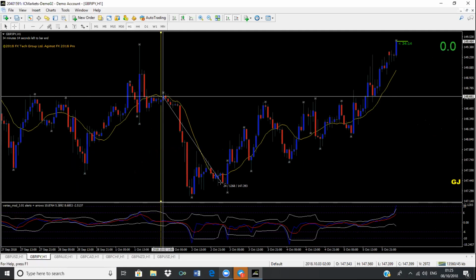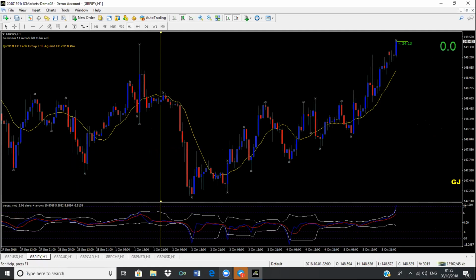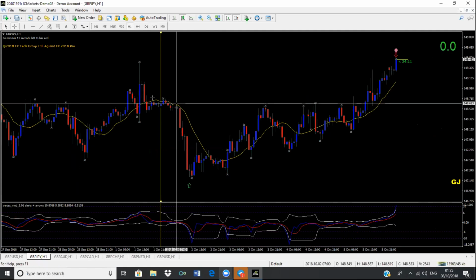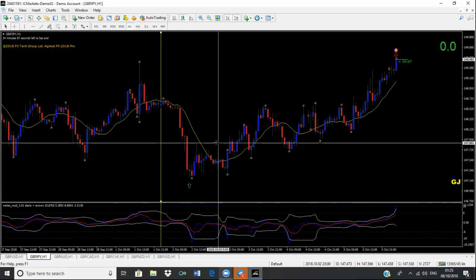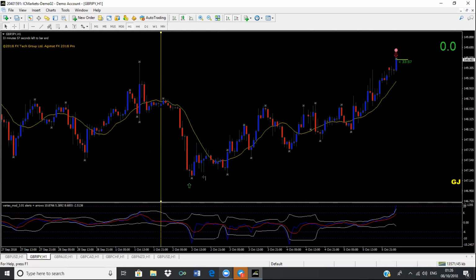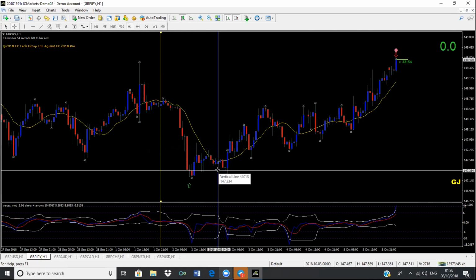It went down there. After 24 hours, the market went up. So my 24-hour candle would be this, the day change right there. Our market blue.